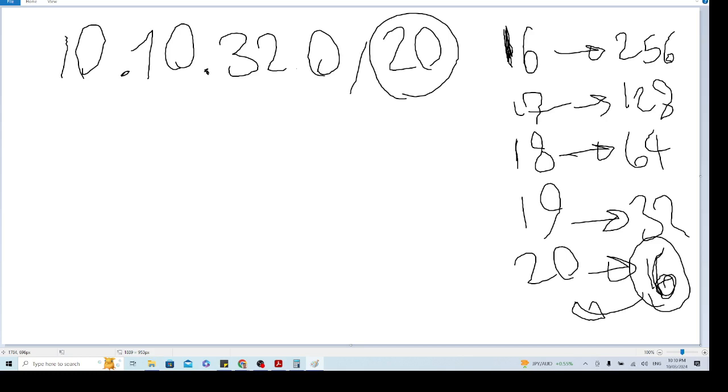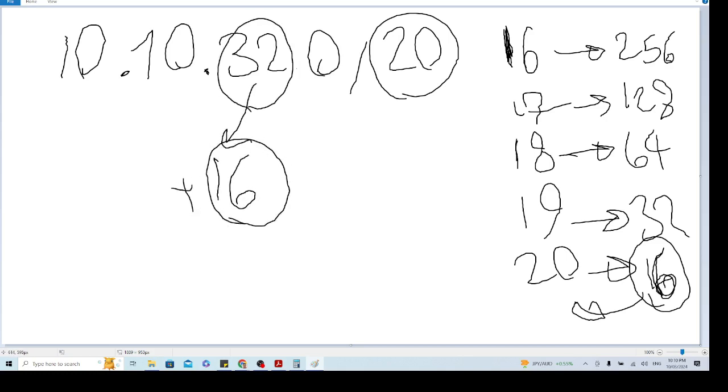So what does this 16 mean? It means that you can just add 16 more to this number in order to get to the next subnet of /20. So if you imagine it as a box, you will have 16 multiplied.